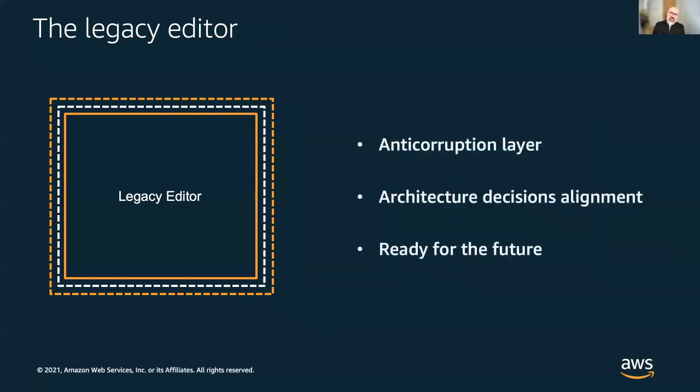The beauty of this pattern is that you are creating a layer between your new architecture and the old world, and the translation is happening at the anti-corruption layer. So imagine that, for instance, in this case, you could have the legacy editor wrapped inside an iframe. And for communicating between the iframe and your application, you use post message.